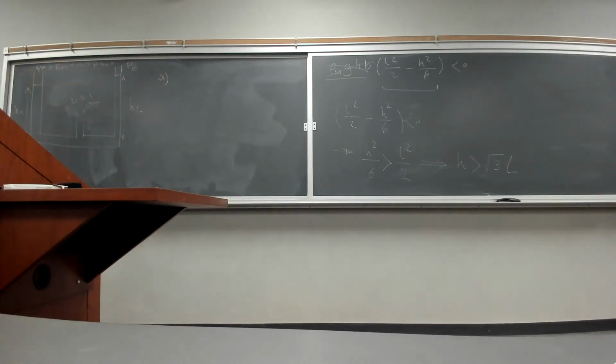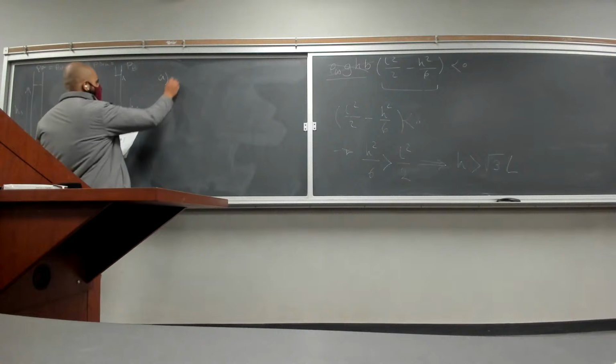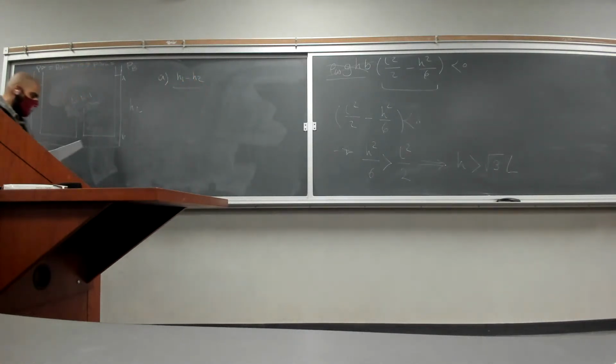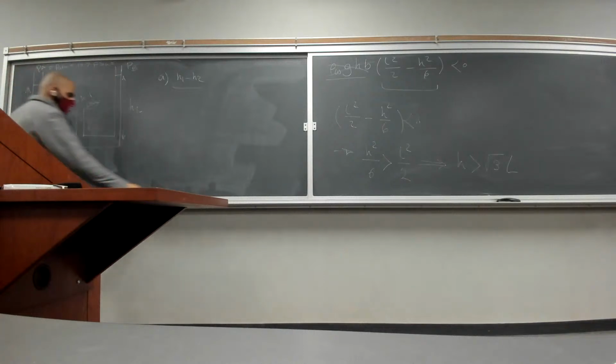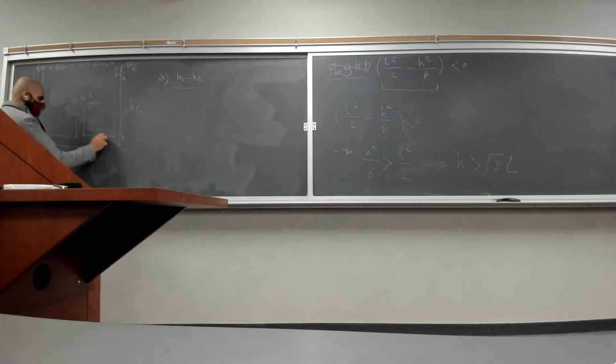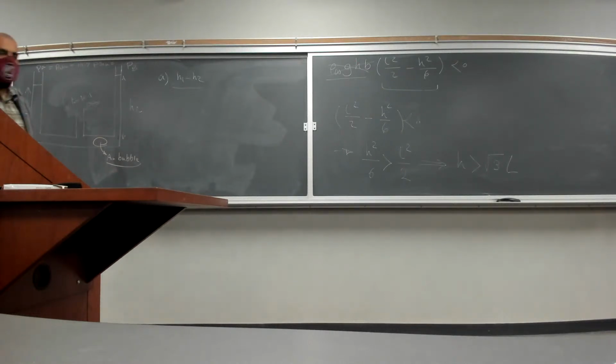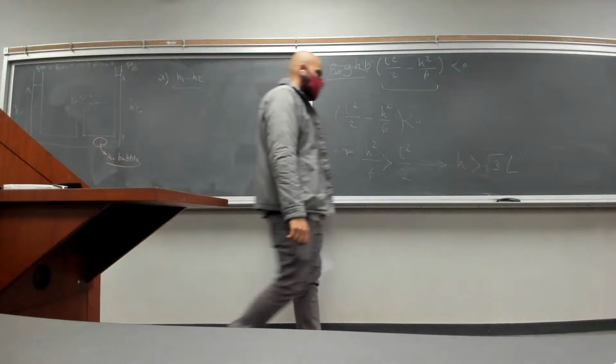For part A, we want to calculate the height difference, H1 minus H2, when there is an air bubble here. That's for part A. We want to calculate the H1 minus H2.